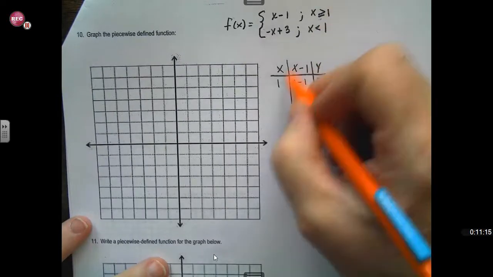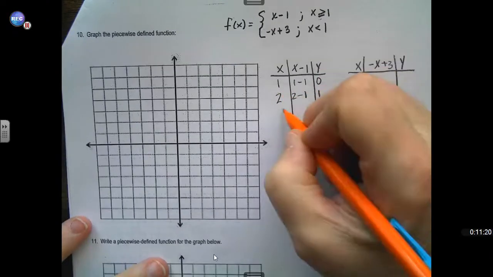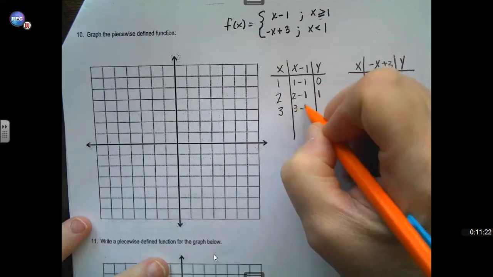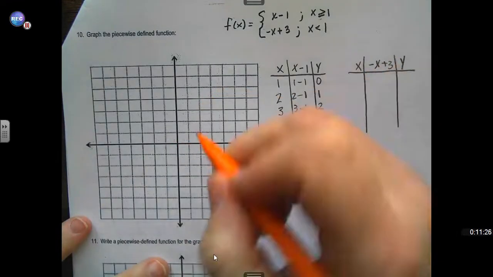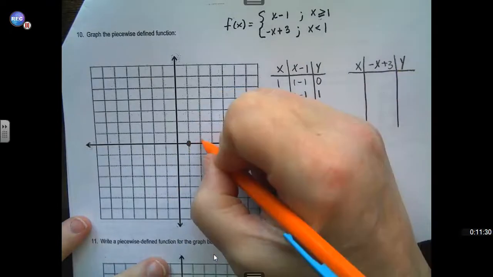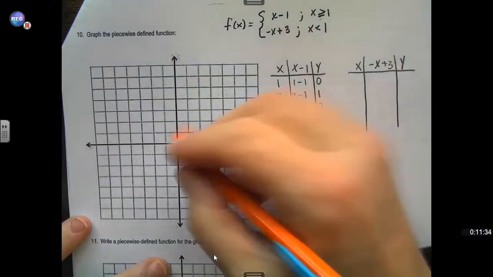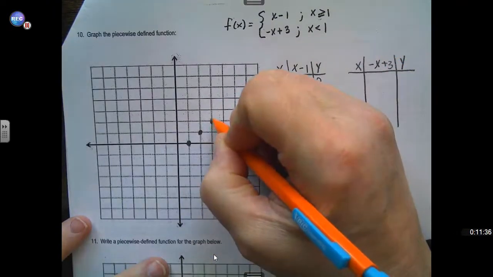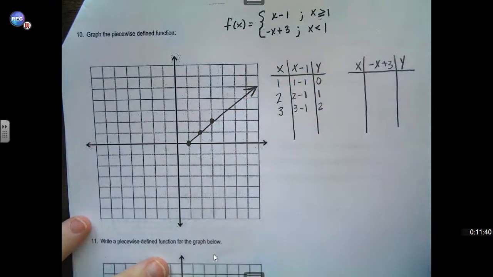So if I plug in 2, 2 minus 1 is 1. I plug in 3, 3 minus 1 is 2. So 1, 0, 2, 1, 3, 2. So that's that part of the graph, right?